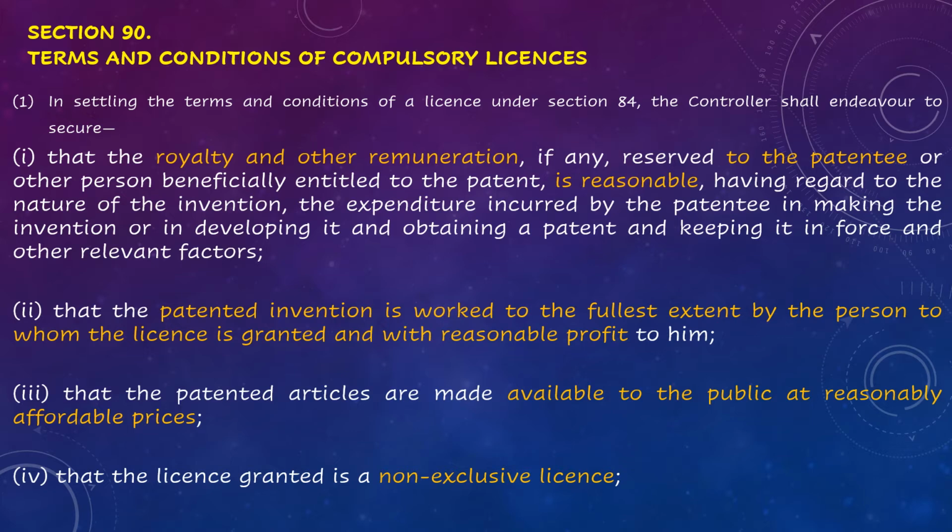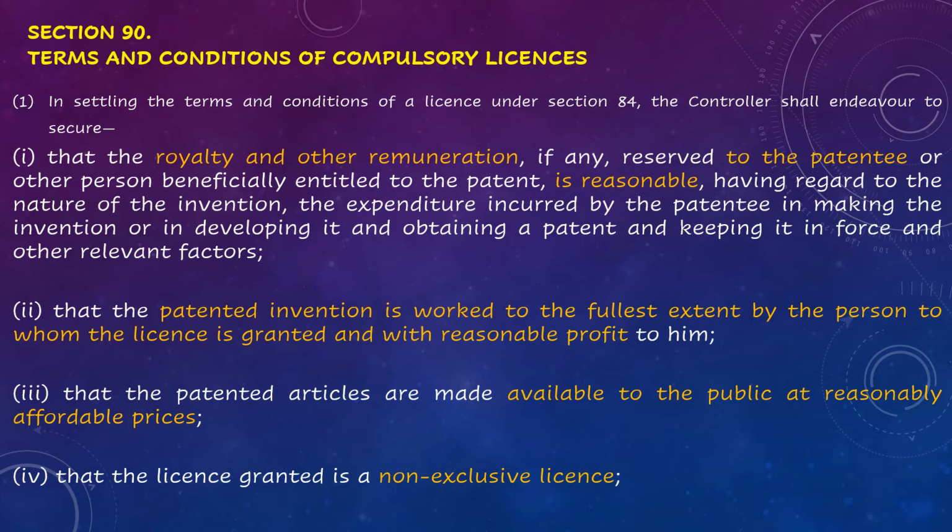That is, the patentee or any other person entitled to the patent will have a reasonable amount of royalty or remuneration, having regard to the nature of the invention, the expenditure incurred by the patentee in making the invention or developing it and obtaining a patent and keeping it in force, and other relevant factors.